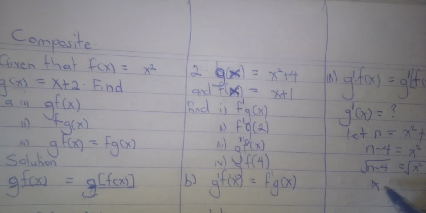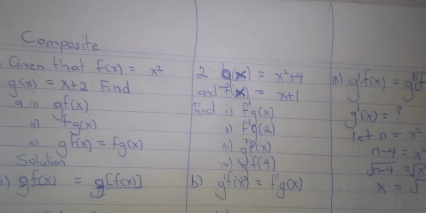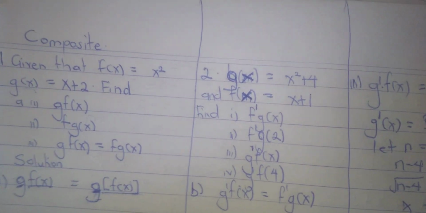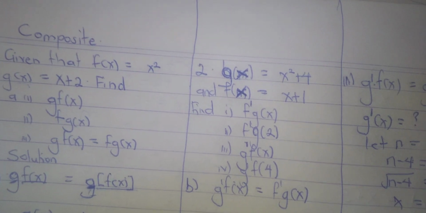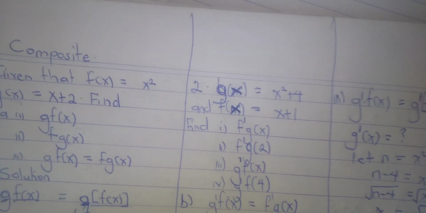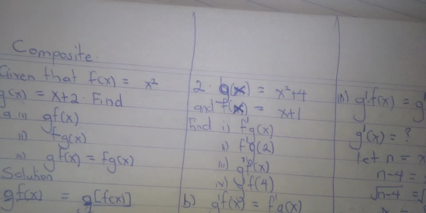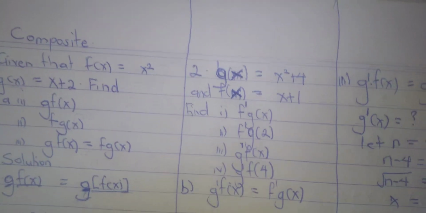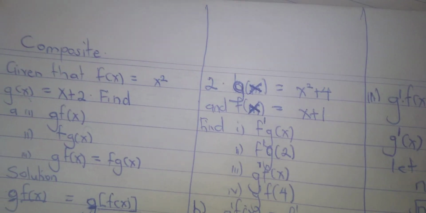So our x will finally be root of n minus 4. So it means that the g inverse of x that we are looking for will ideally be where we see n, put there the x value that they wanted. So that is the mother now.